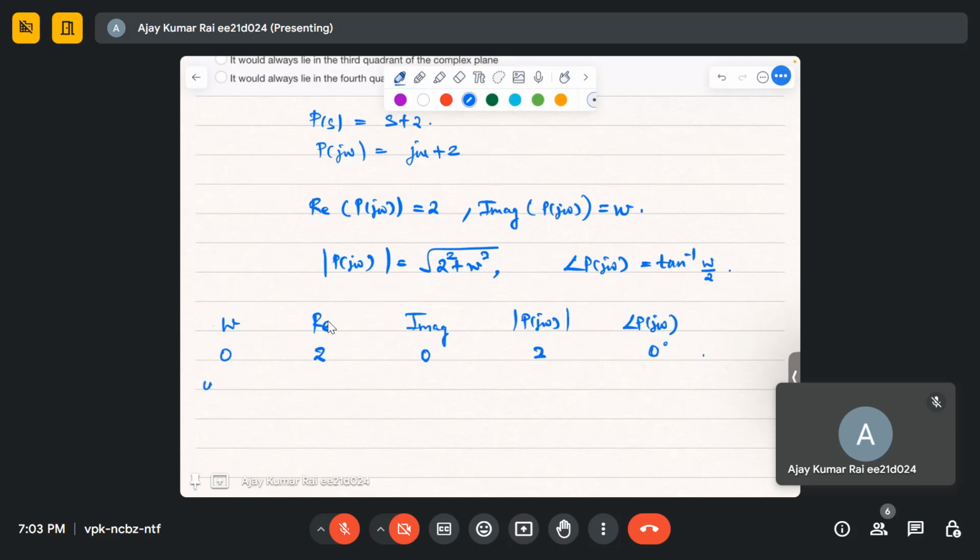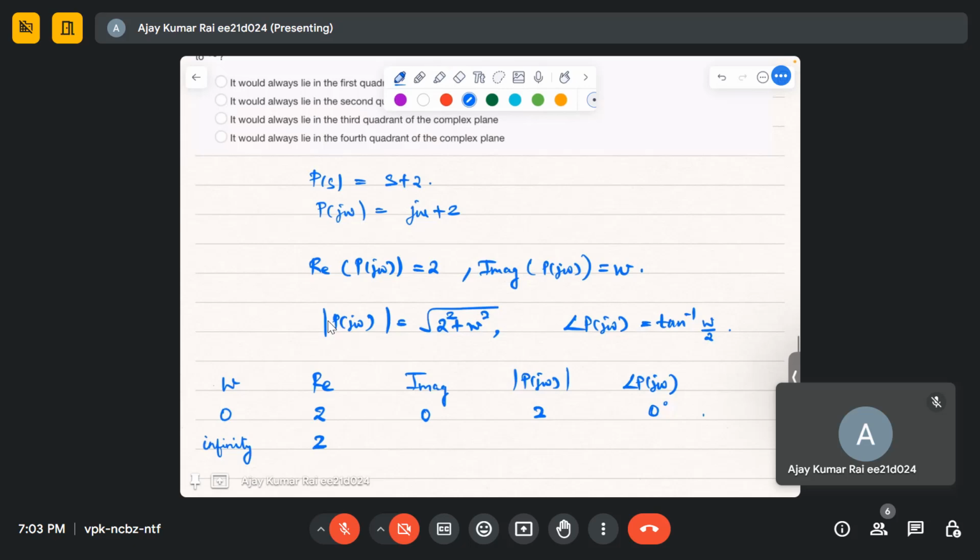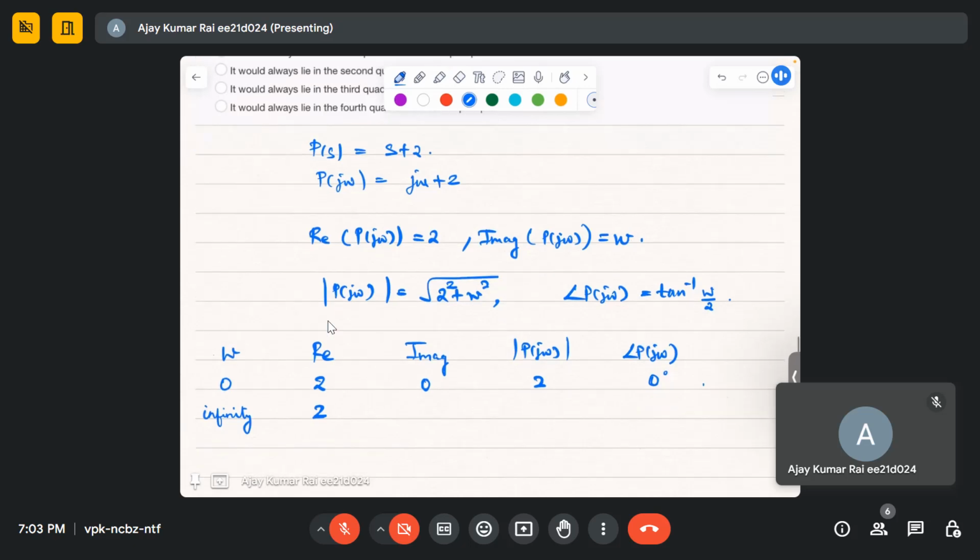So let's find out at infinity. The real part is what? It will be equal to 2, right? It's constant, it's not varying with frequency. The imaginary part at omega equal to infinity is infinity. The magnitude is the root of 2 square plus infinity square, which is infinity again.